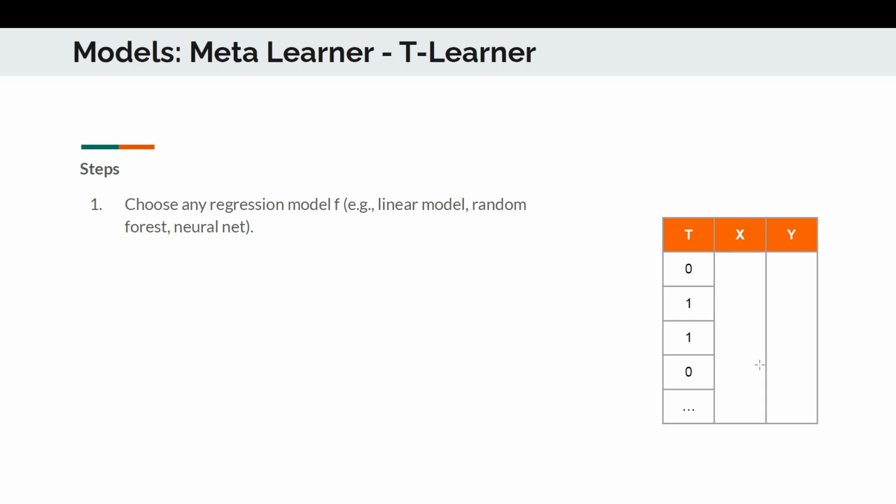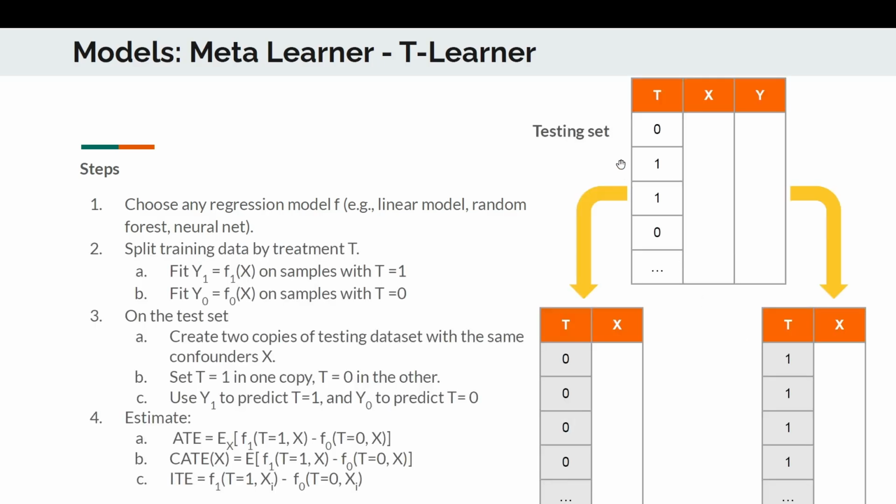The first part is we choose any kind of regression model. It can be a linear model, random forest, or neural network. And then we split the training data by treatment T. Where the treatment is 1, we fit a specific function, and when the treatment is 0, we fit a separate function for it as well.